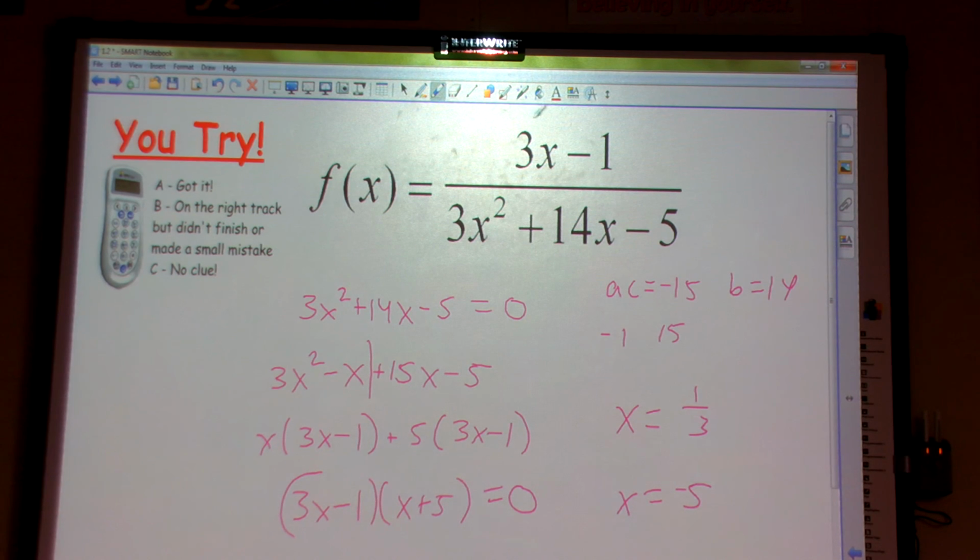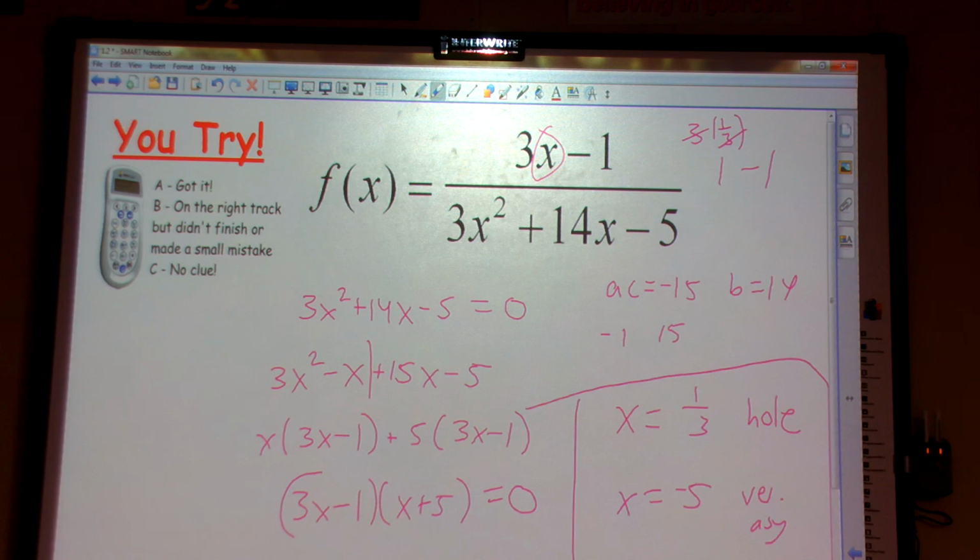If I plug in 1/3, right here, 3 times 1/3, well, they cancel, you're left with 1 minus 1, which is 0. So this is a hole. Plug in -5, I obviously don't get 0, so it is a vertical asymptote. There we go.